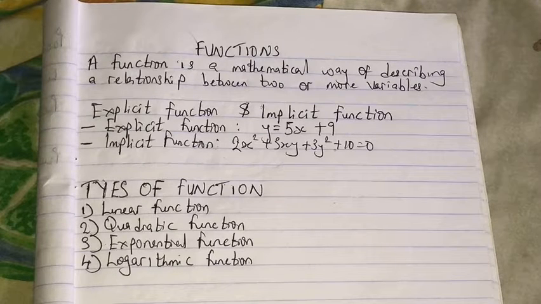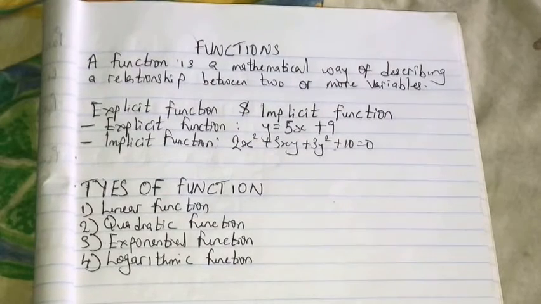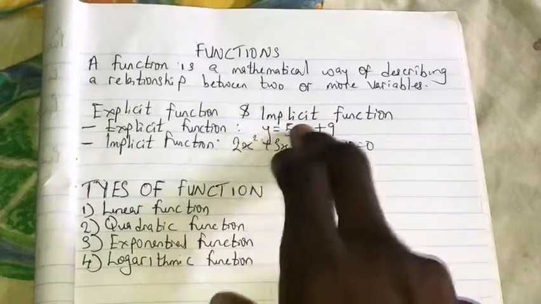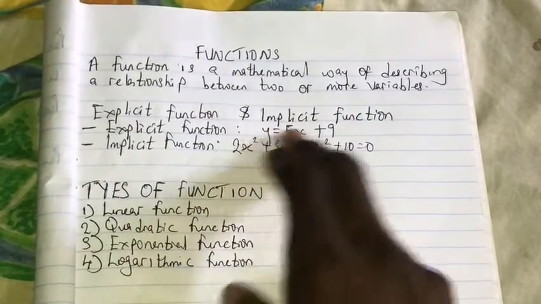But before that, let me quickly dive into the explicit and implicit function. An explicit function is a function where one variable is directly expressed in terms of the other variables. For example, what you are seeing here, y = 5x + y, is an example of an explicit function.